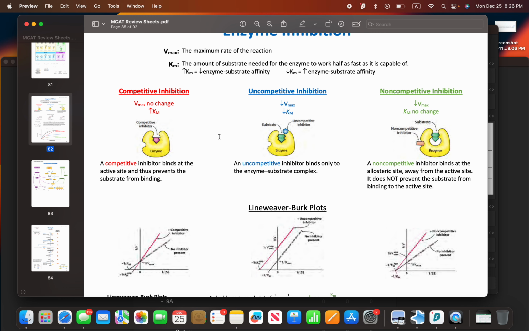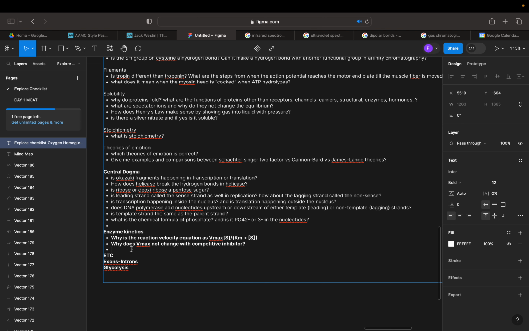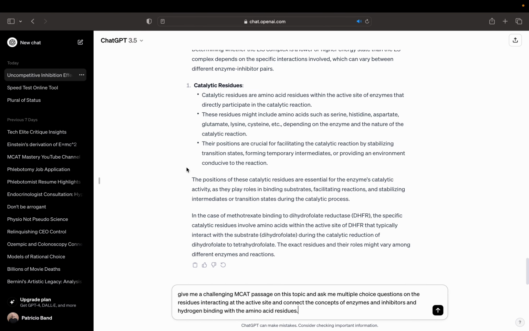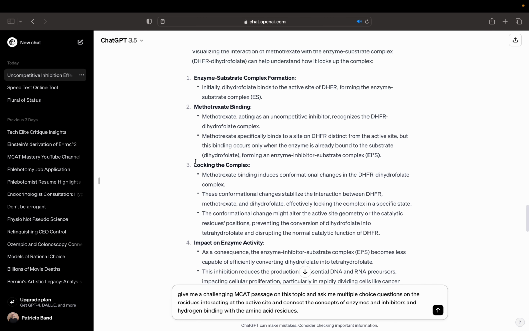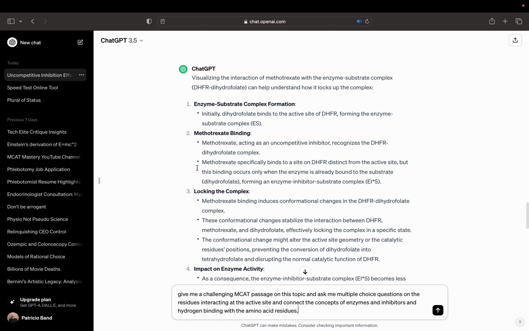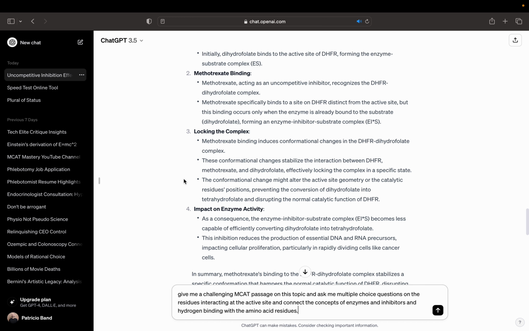Now, specifically, we can find this in Google. So we understood that it was either the amino acid residues playing at the active site, or the catalytic residues, or basically the complex, the EIS complex here.